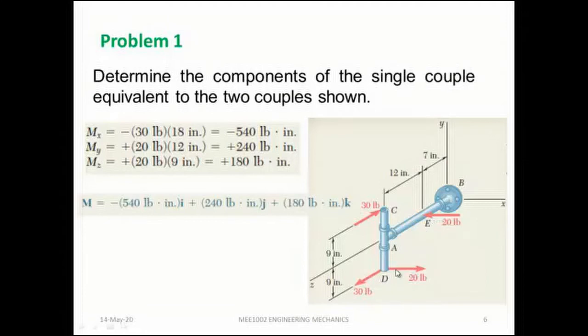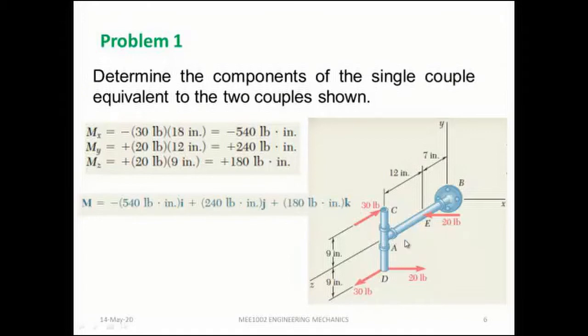So what I do, I'm just introducing a force here, 20. I'm also introducing a force 20 here. That means parallel to this, opposite to this, 20. So this 20 and this 20 will nullify each other. That means it is not producing any effect.